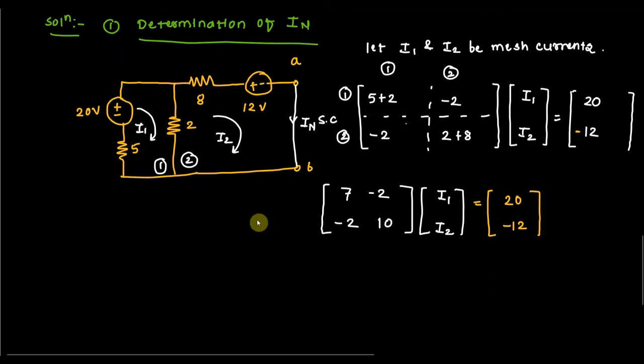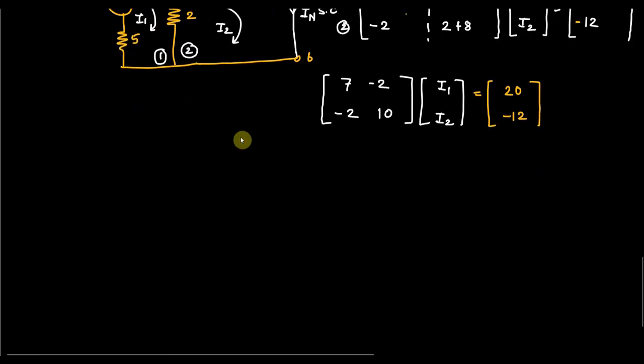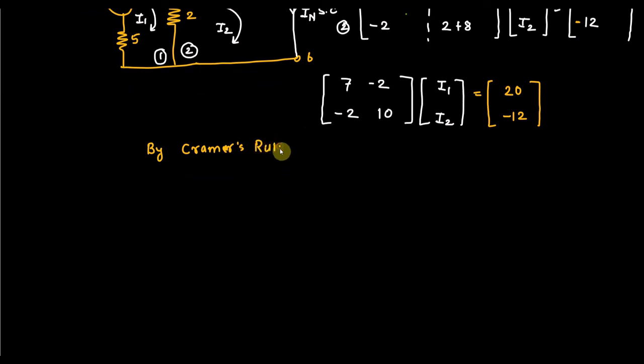Now what is our aim? Our aim is to find the IN, but if you see the network, your IN is the same as I2. So just apply Cramer's rule and find the value of I2. By Cramer's rule, your I2 comes out to be delta 2 upon delta.